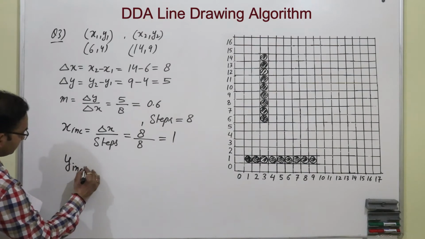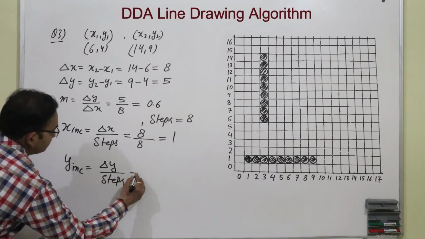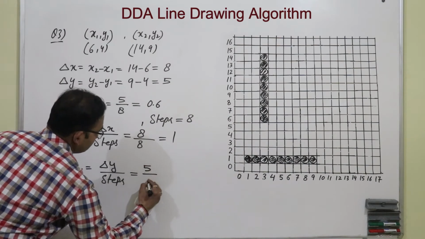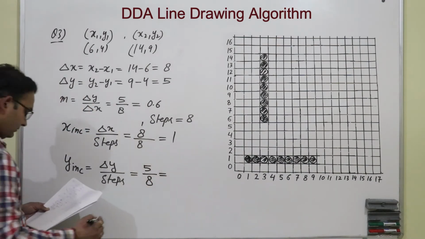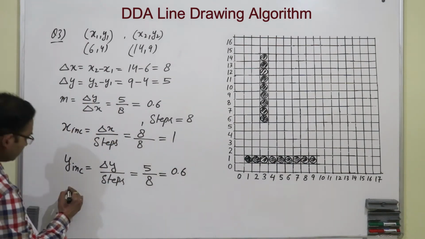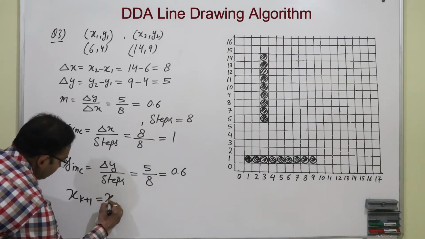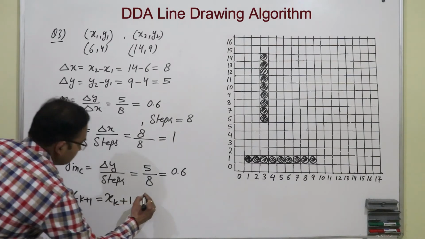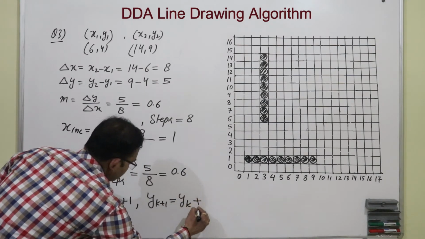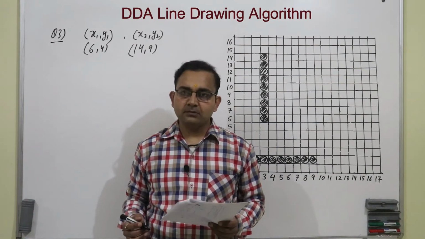Y increment, change in y upon steps, change in y 5, 5 upon 8 equal to 0.6. So, we can write general term x k plus 1 equal to x k plus 1, y k plus 1 equal to y k plus m. Now, we will draw table.